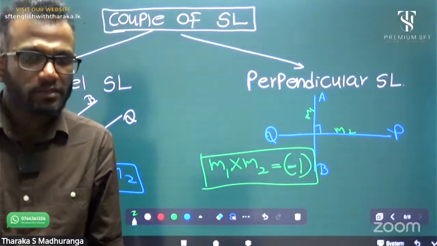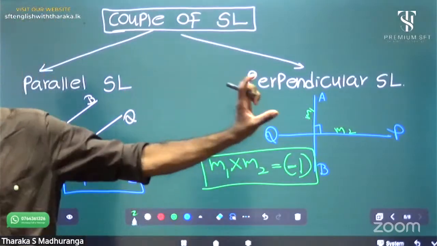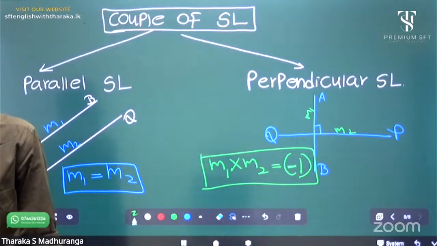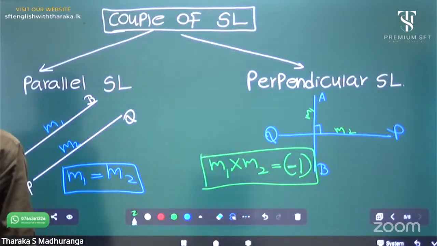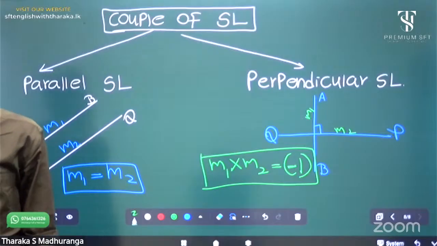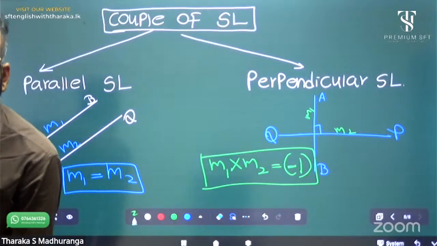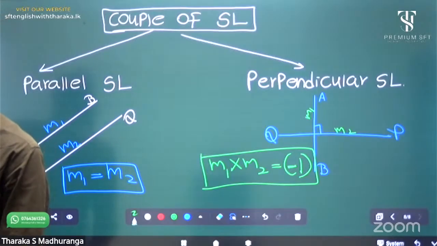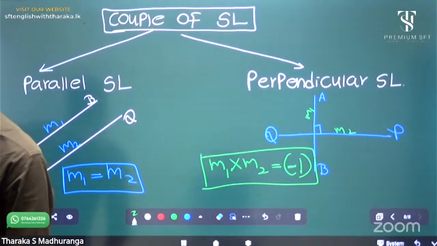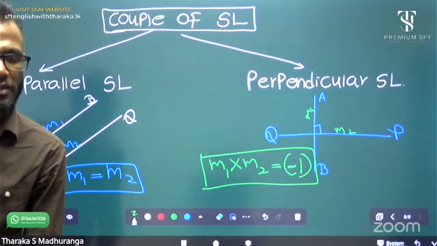Okay, done. If you want, you can take notes. If you don't have theory notes, please note down. In the lesson, I already explained those things in detail. That's a summary actually.